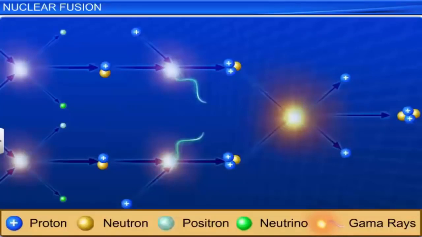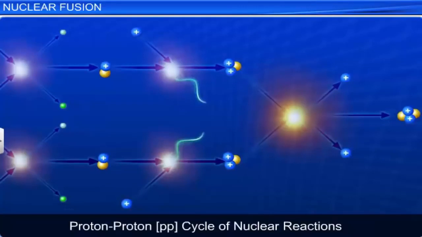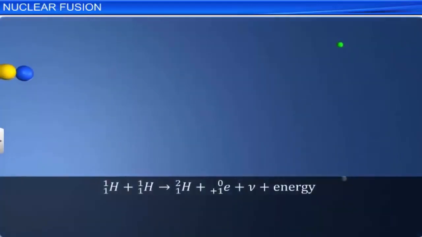This is a multi-step process and is called the proton-proton cycle of nuclear reactions. In the first step of the proton-proton cycle, 2 hydrogen nuclei fuse together to form a deuteron releasing a positron and a neutrino along with energy.